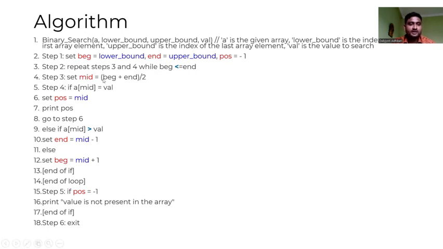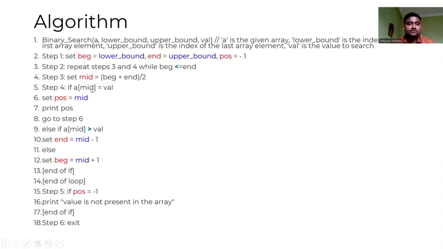Mid equals beg plus end divided by 2, beginning plus end divided by 2. We can find the mid. Then if A[mid] equals val, as I have already told you, in this algorithm we are comparing the mid value with our target value. No other value we are comparing, only the mid and target. We are comparing only these two values.